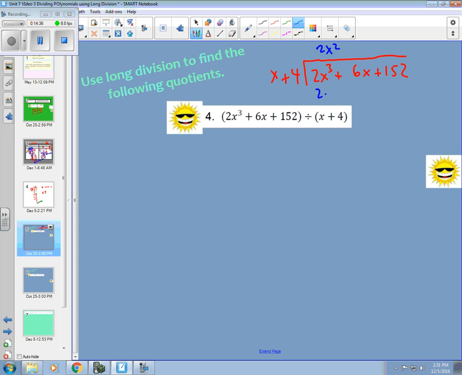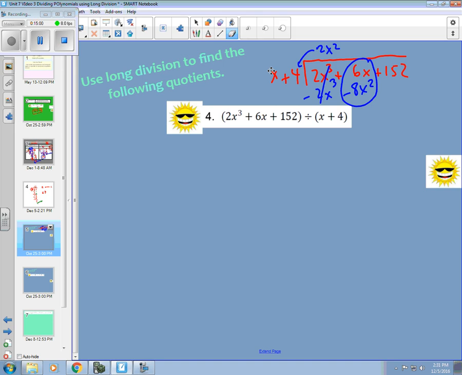You'd multiply it back. You'd get 2x cubed. Now when you multiply it to this one, you'd get 8x squared. And remember, the next thing you know is to subtract. So these would cancel out. But can we subtract these? No, those are not like terms. So you run into a problem really quickly because you don't have like terms available.